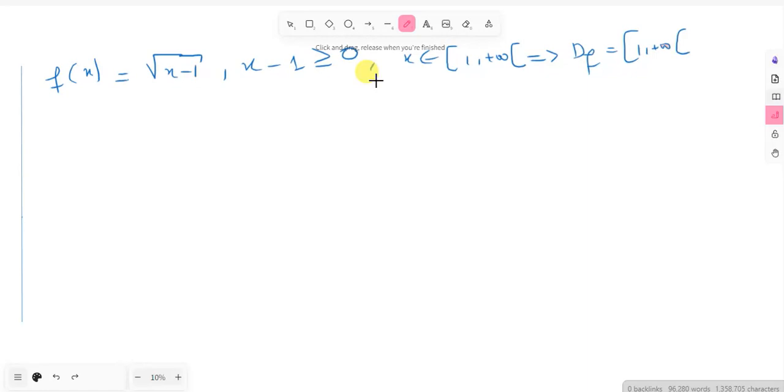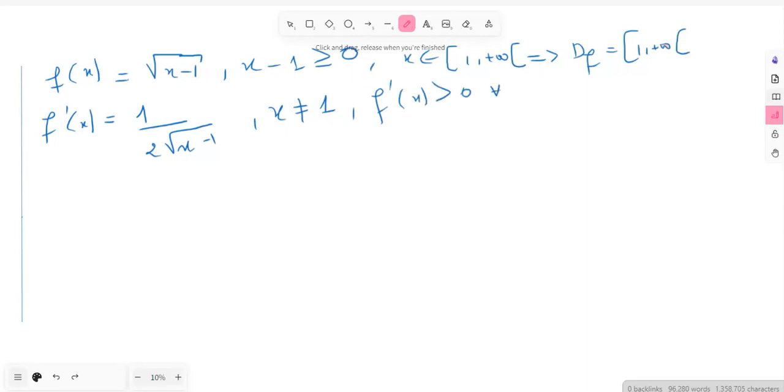We start with the derivative: f prime of x equals 1 over 2 square root of x minus 1, which is not defined at 1, and f prime of x is strictly positive whenever x is strictly superior to 1.